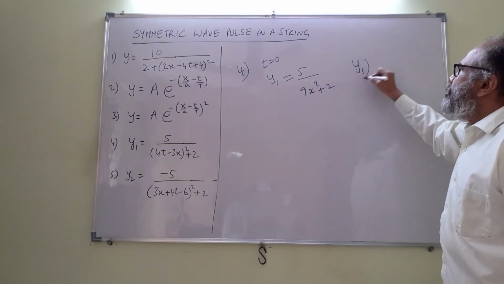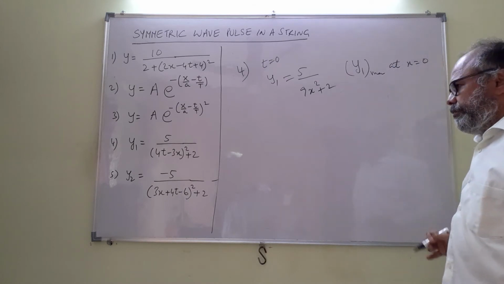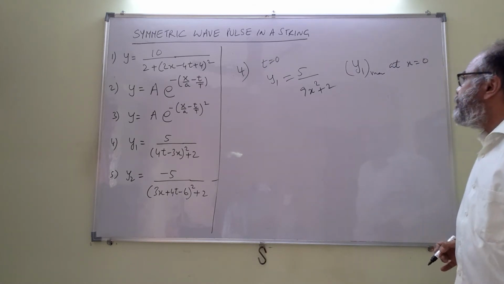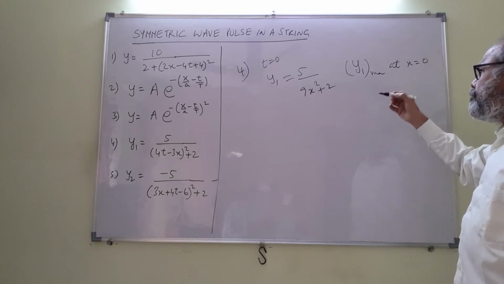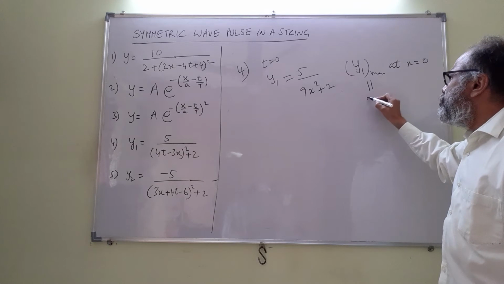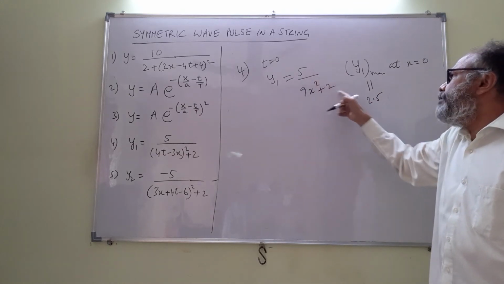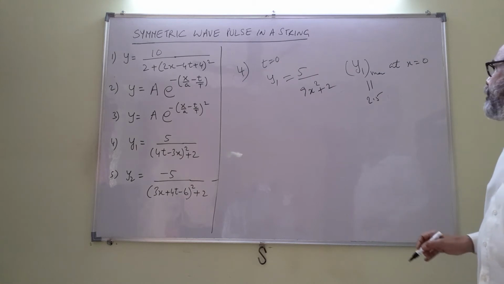Now y1 will be maximum at x equal to 0. Put x equal to 0 and y1 max will be equal to 5 by 2, that is 2.5.